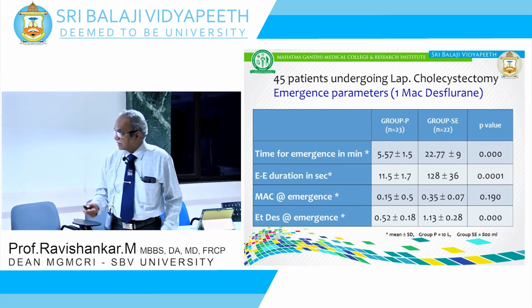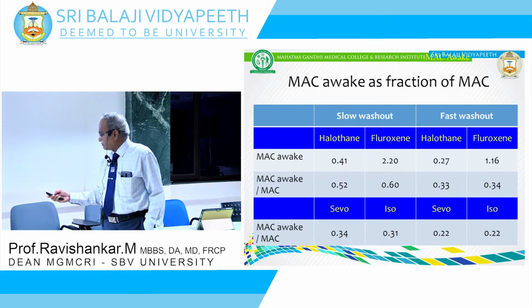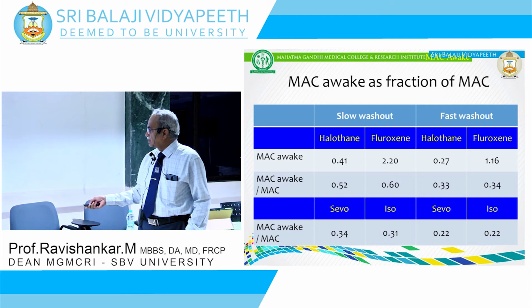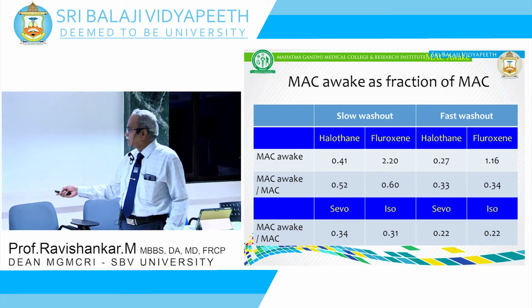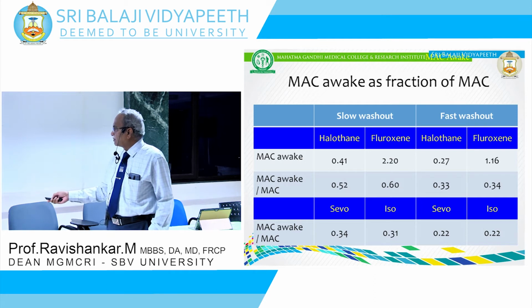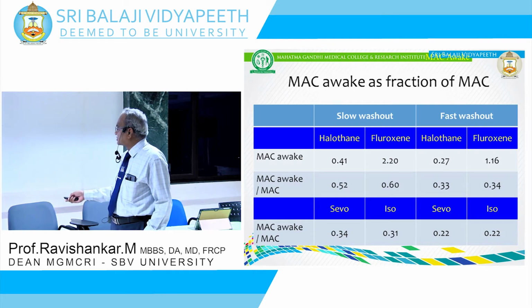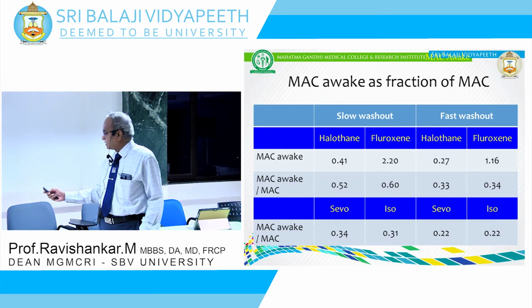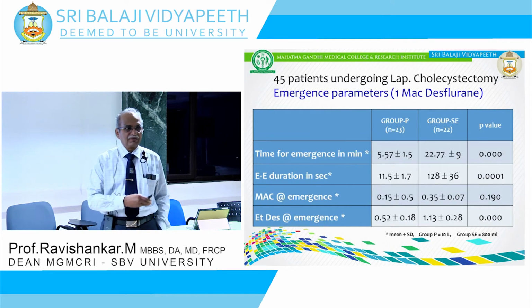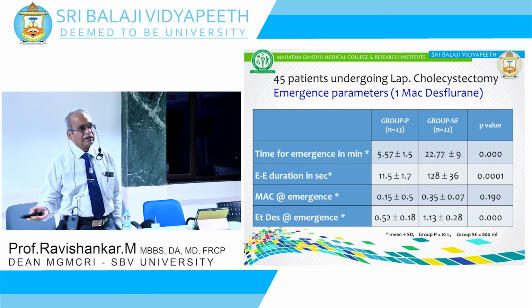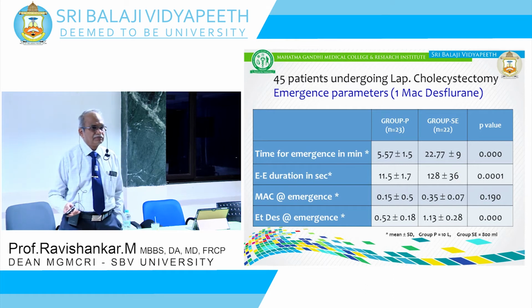You will find that for the slow washout in sevoflurane, it is 0.3, and it is 0.22 when there is a fast washout. And for these agents, it varies from 0.5, 0.6. When it's a fast washout, it is 0.3. So this is being taken here, and this is being taken here, and then we are trying to say at 0.3 MAC the patient should wake up.